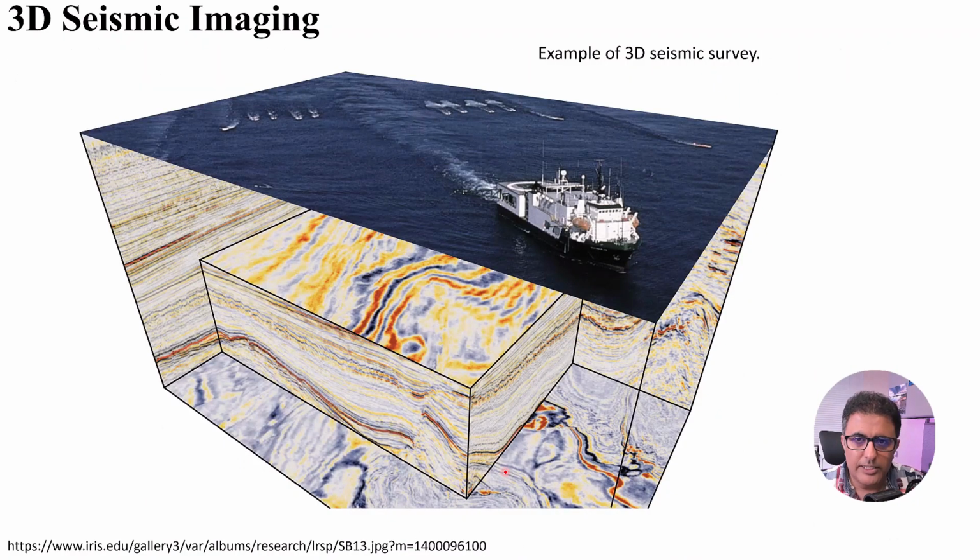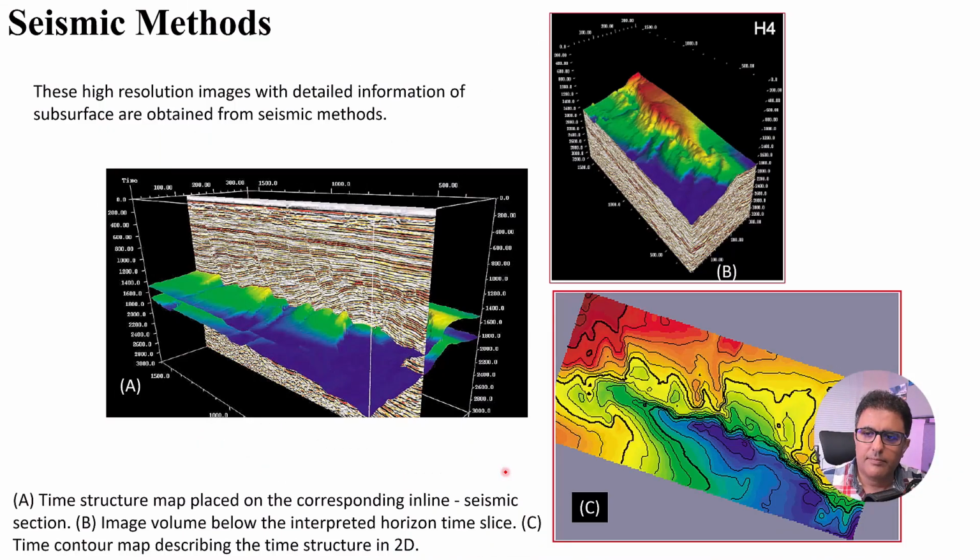The seismic imaging can be 2D, 3D, it can be land or it can be marine. We call it offshore and onshore. So offshore is used for marine seismic data and onshore for land seismic data. With seismic imaging, we are able to obtain a detailed image of the subsurface. For example, what you see here is an interpreted seismic image of a fault.